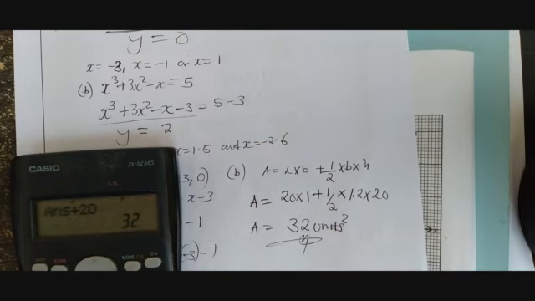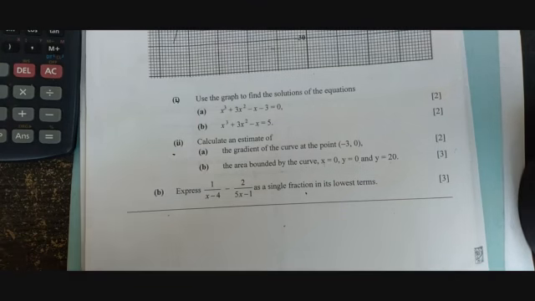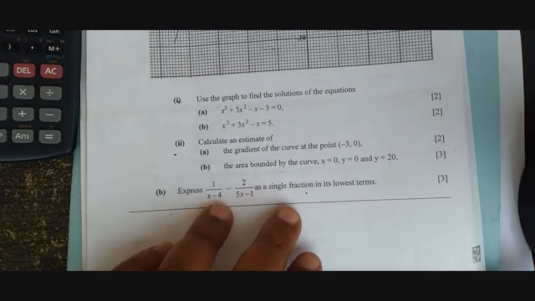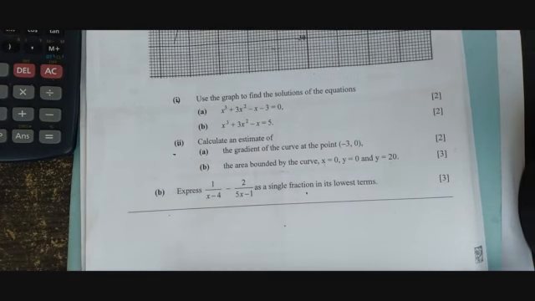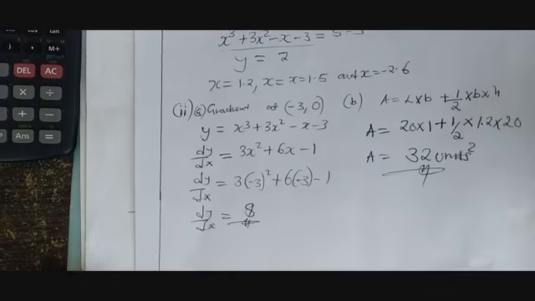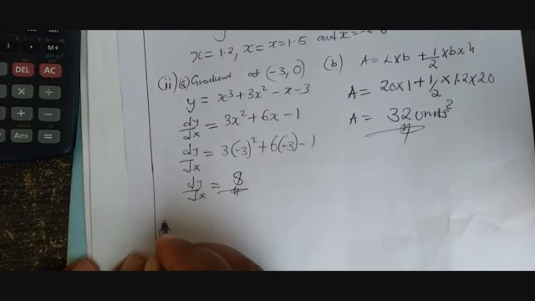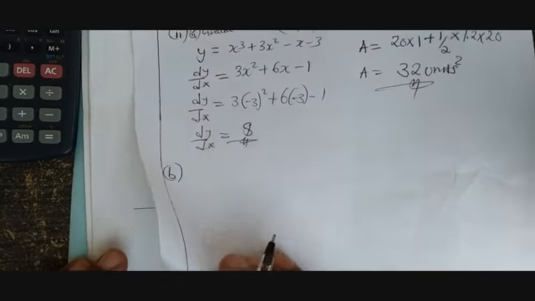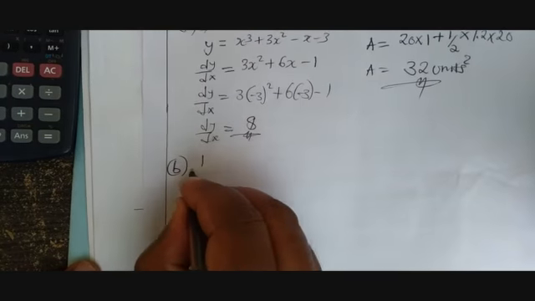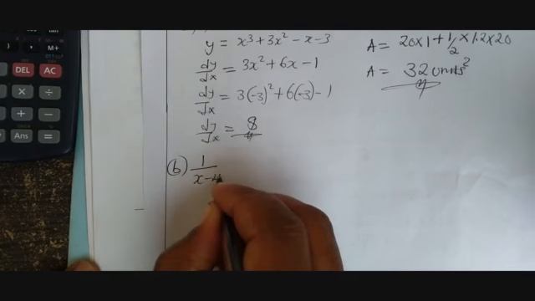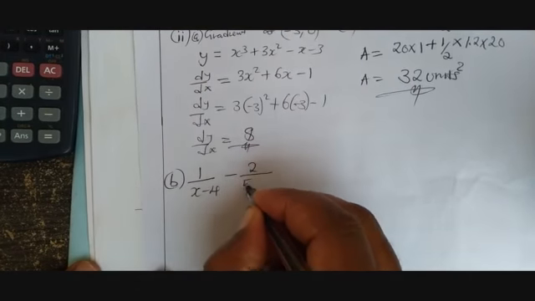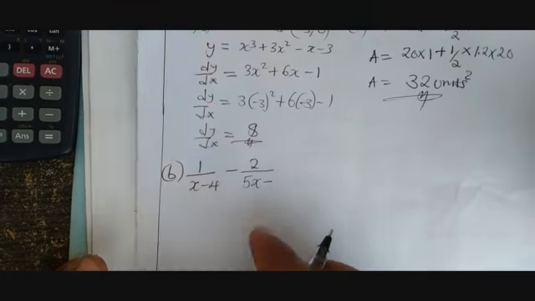All right. Okay, the next question is part B of the question, where we are told to express these two fractions as a single fraction in its lowest terms. So part B now of the question is: you have 1 over x minus 4 minus 2 over 5x minus 1.